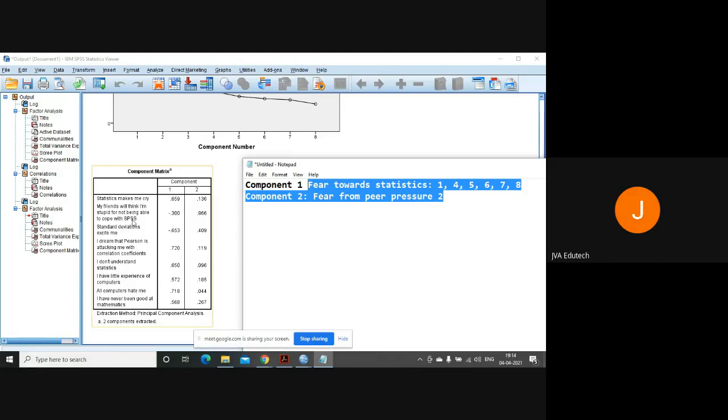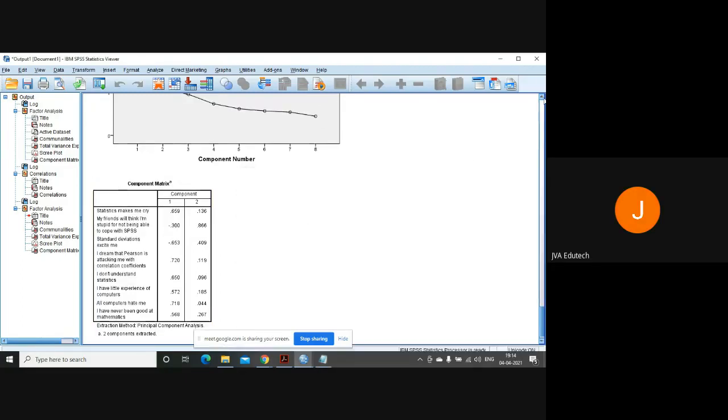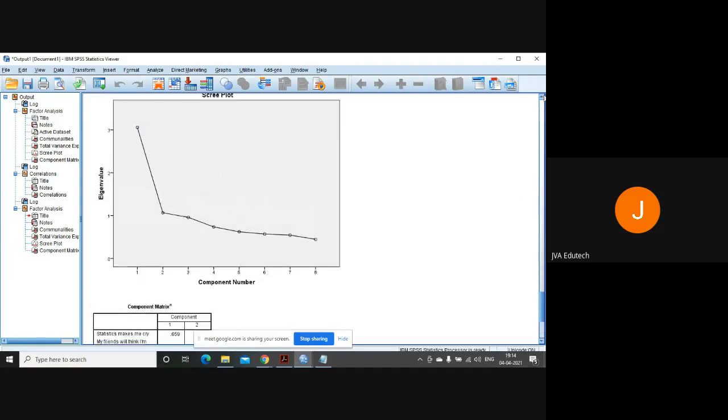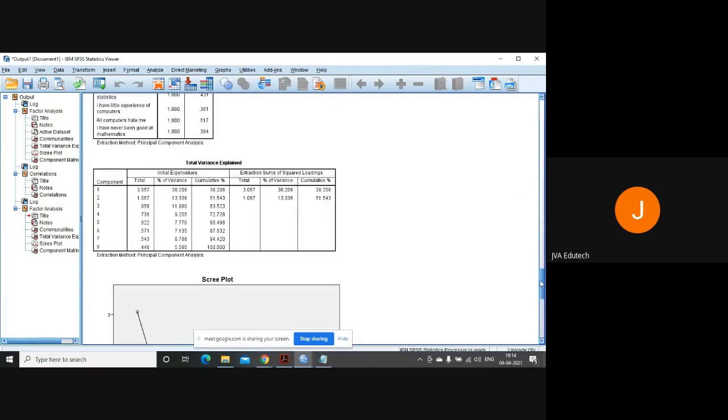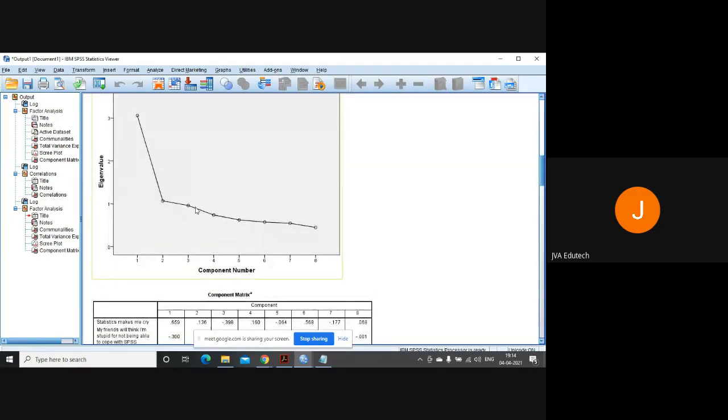Sir, we always take two components? Like you have taken two components here. Is it necessary that we take only two components in this calculation? That's what I am saying. You have to look at the scree plot. When you do the initial extraction, you have to look at the scree plot to see after how many points there is an inflection.